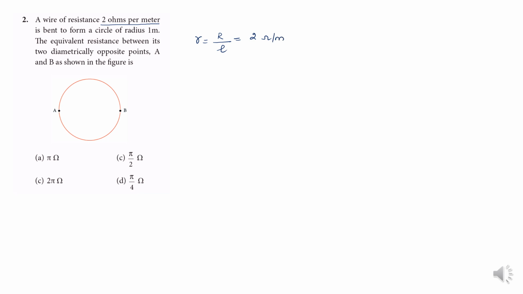A piece of wire is bent to form a circle of radius 1 meter. So you are using a wire and you bend it to make a circle. What is the total length of the wire required? L total required is actually the circumference of the circle.